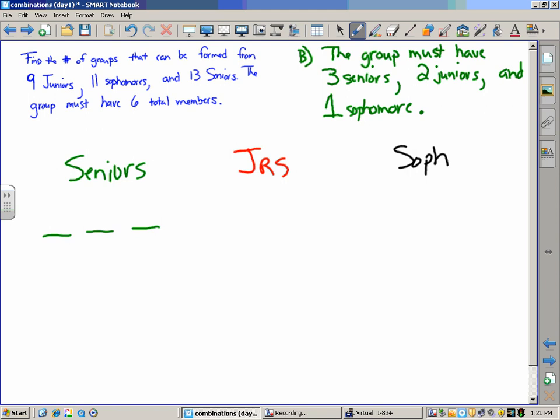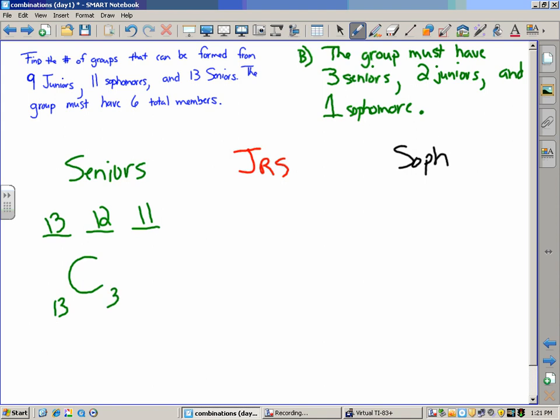So we have 13 people to be chosen first, then 12, and then 11. Is this a combination or a permutation? Does it matter who comes first? No. It's a group of 3. It doesn't matter if you pick that person first or last, if they're in the same group. So it's still a combination of 13 choose 3.